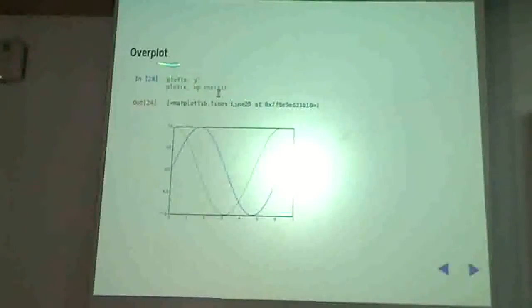Since we didn't specify any colors, the sin x curve came out in blue, but the cos x has come out in gray. So by default it cycles through various colors. If I make another plot, y equal to x for example, it will make that in some third color, and if I put one more plot, it will make it a fourth.